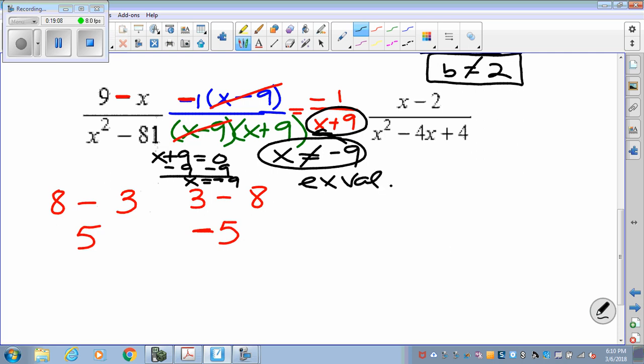So that's my exclusionary value. All right, so we'll do one more, and then you can practice them on your own and ask for help. I've got x minus 2, cannot reduce that. And so I'm going to factor this one, x squared minus 4x plus 4.